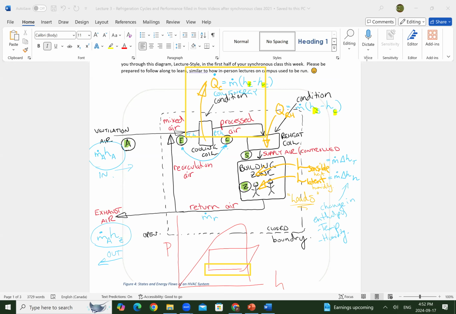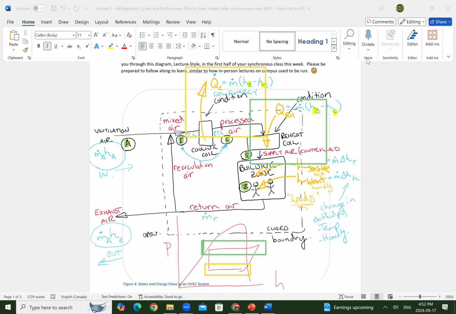And now I would also look at heating. So in the heating condition, we are putting some energy into the room, into the supply air. We're putting energy in, but what that means for the system is that we lost some energy from the refrigerant. So again, this is from the standpoint of the refrigerant right here. And from the standpoint of the refrigerant, I have lost some energy.